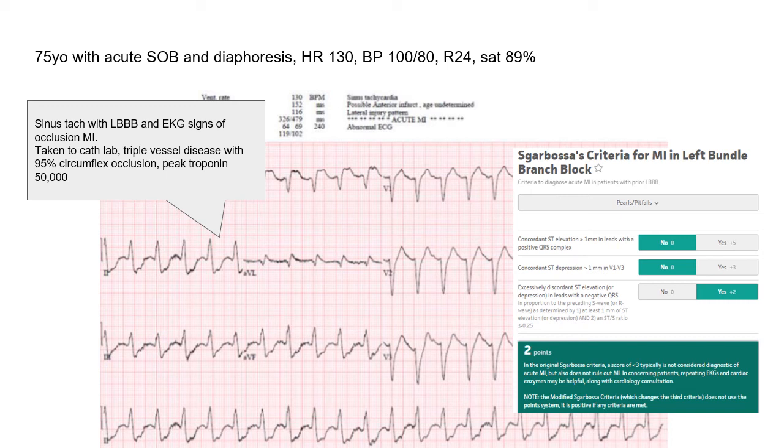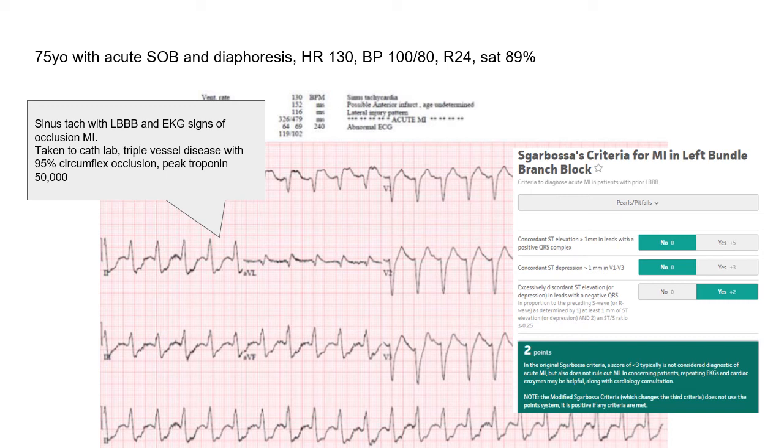So discordant is okay, but with Sgarbossa, it's related to the amplitude of the QRS. If the amplitude of the QRS is very small, but the discordant elevation is very, very high, then that's bad. And the definition is if there is excessively discordant ST elevation.